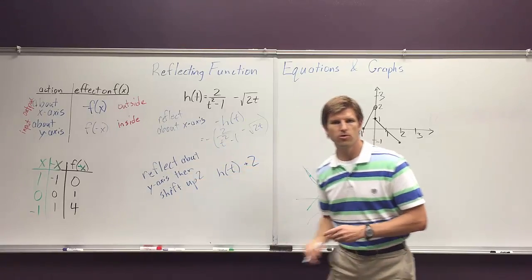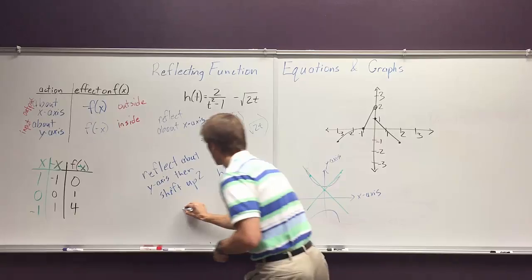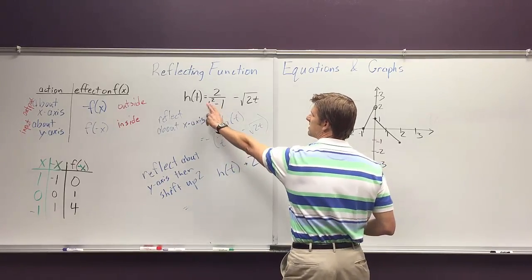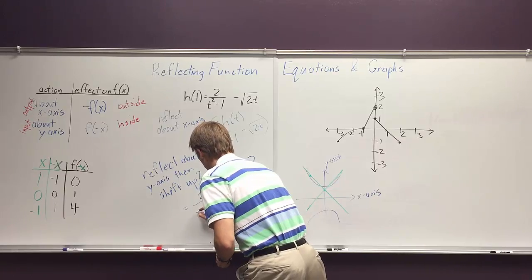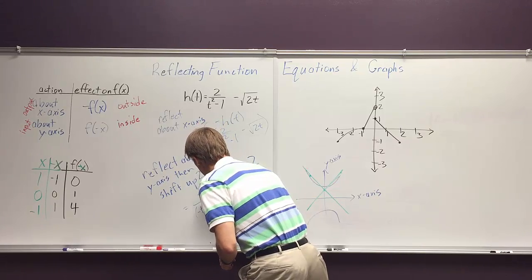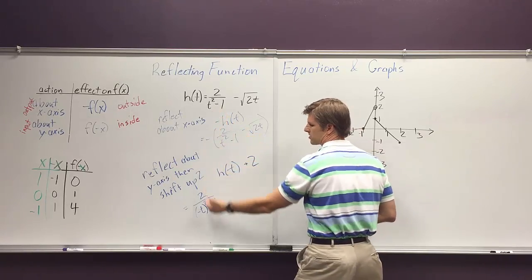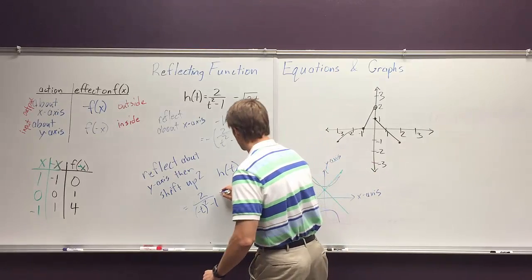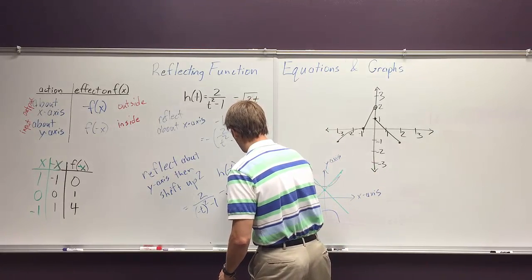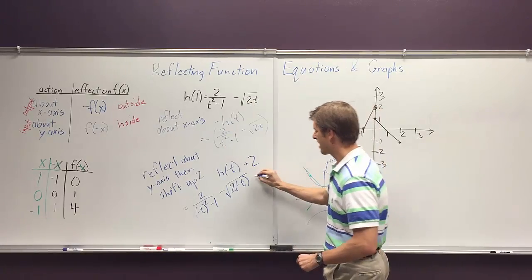You can run into trouble if you don't follow these directions in order. So what does that actually come out to? A negative t as the input is going to be 2 over negative t squared minus 1, or since negative t times negative t is just t squared, nothing changed there, minus the square root of 2 times negative t. Then after all of that, I have to add 2.